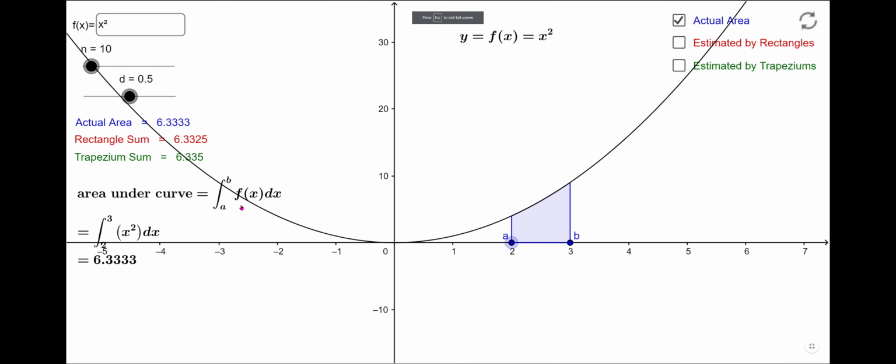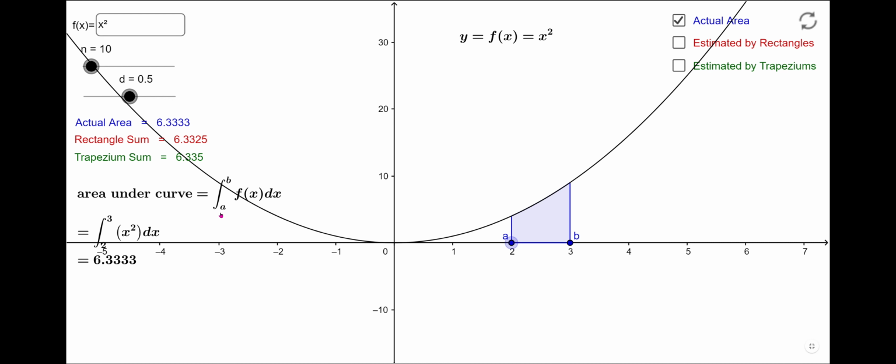I'm integrating a function of a single variable, in this case x squared, between your limits 2 and 3. You all know how to integrate this. You get x cubed on 3 and then you substitute the values 3 and 2. I'm not going to get into how you evaluate this. You should know how to do that already.